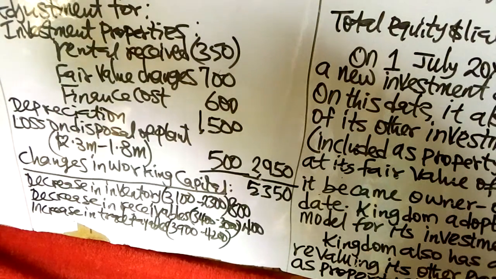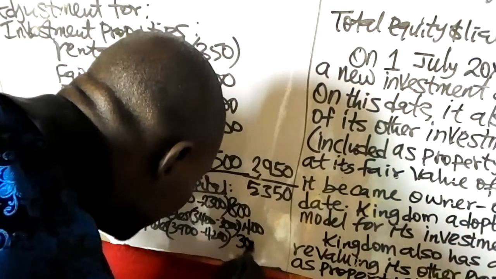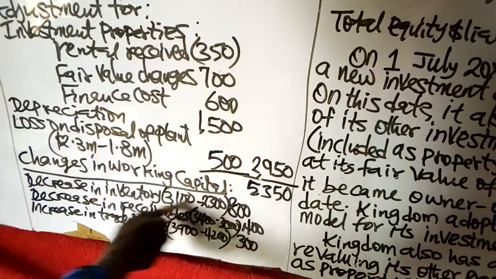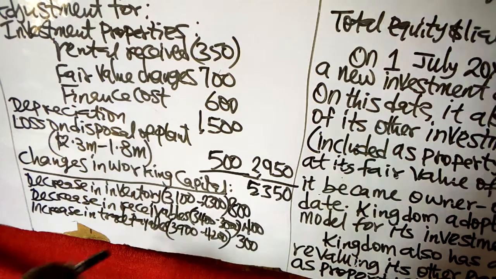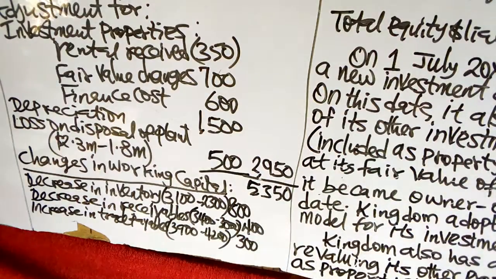Then you have a difference of 300. So, an increase in assets will be minus, while a decrease in assets is plus. The opposite is liabilities: an increase in liabilities will be plus, while a decrease in liabilities will be minus.